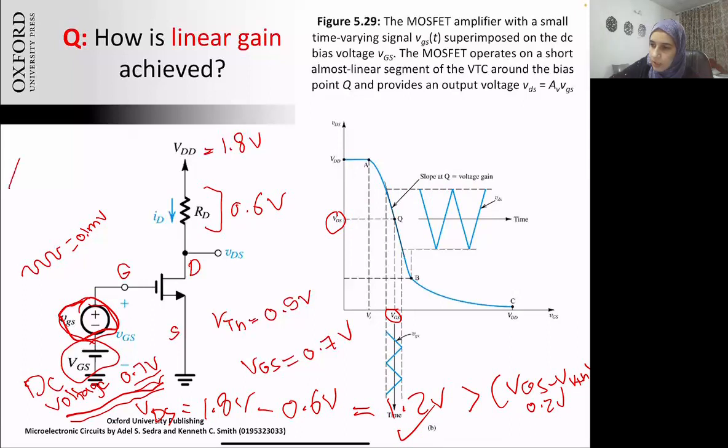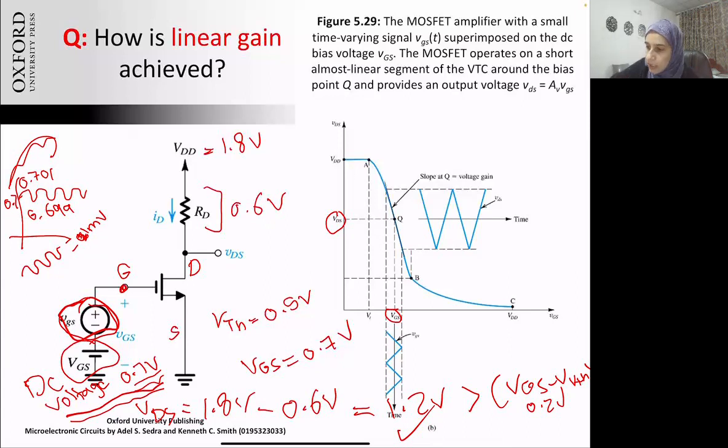So our input will look like this. Here the 0.7 volt, and it's changing around it. This is 700 millivolt. Let's assume it's 1 millivolt, 701 and 0.699. So it's changing between these, the voltage that is reaching the gate here.